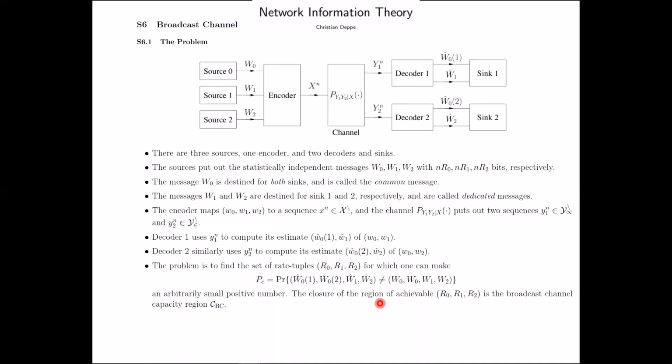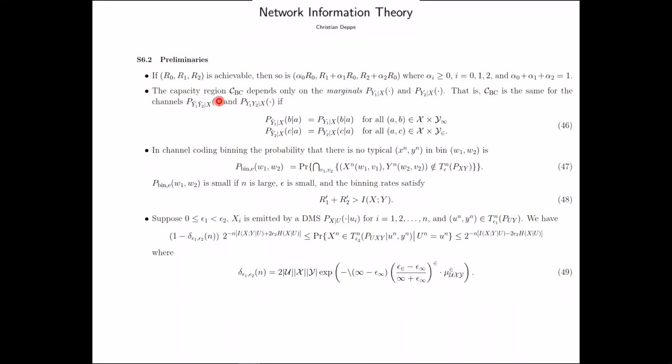And the closure of the region of achievable tuples R0, R1, R2 is the broadcast capacity region C_BC. As I told you already last lecture, this region is not known in general. We just know upper and lower bounds. Therefore, we first will look at special cases where one knows the exact region.